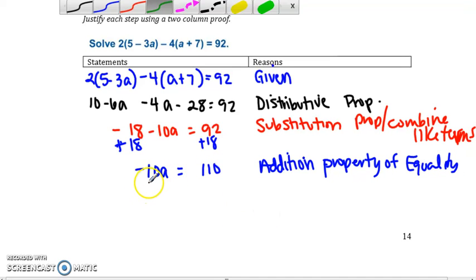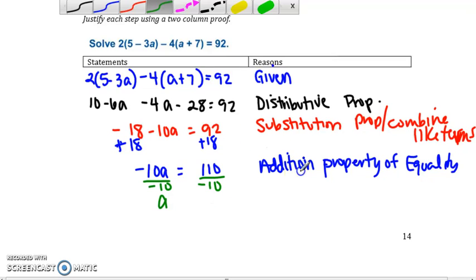The next one is dividing by negative 10. You can show this step with division property, and then put substitution or simplify as an additional step; you're just adding more steps. The addition property goes with what we just did up above, explaining every single step.